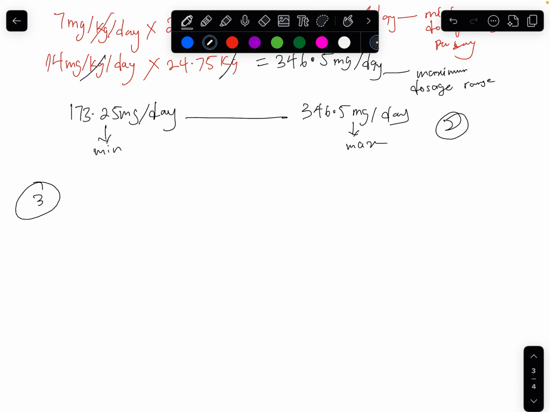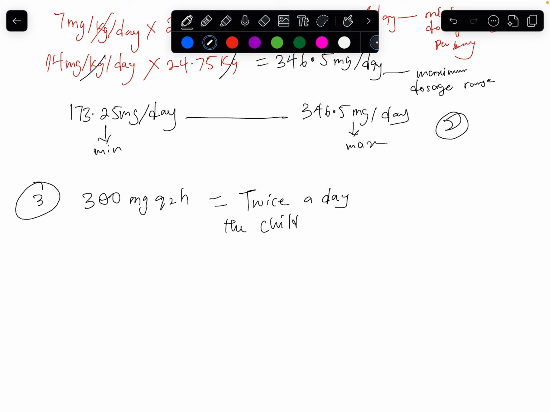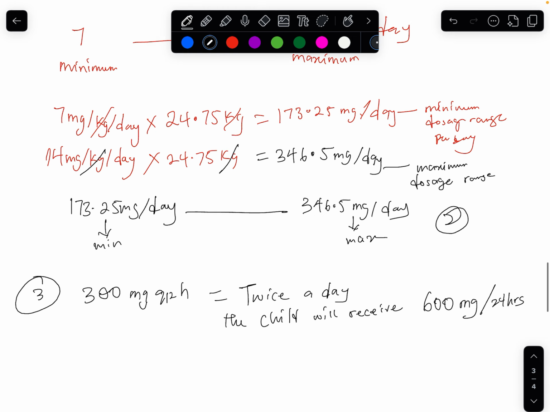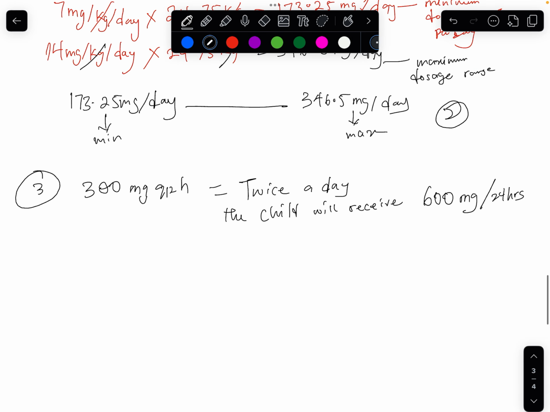If they ordered 300 milligram every 12 hours, that means twice a day, so the child will receive 600 milligram in 24 hours, which is basically 600 milligrams per day.